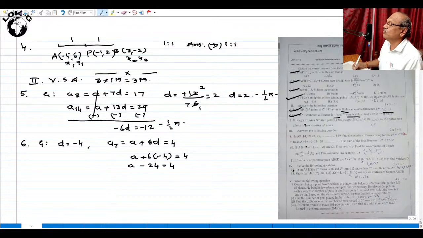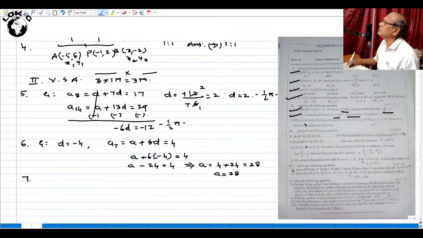That implies, take -24 to the right, you get a equal to 4 plus 24, which is 28. You are asked to get the value of the first term, which is 28. That is the sixth problem.